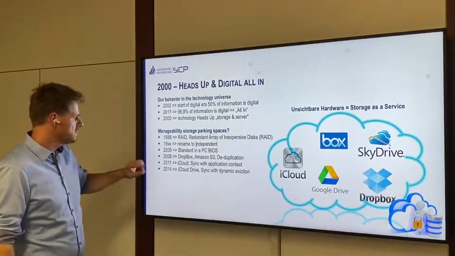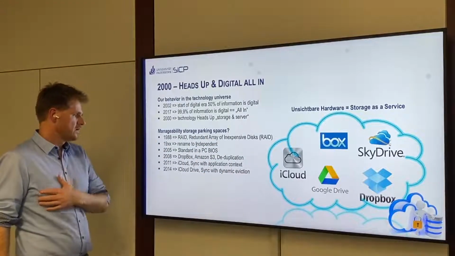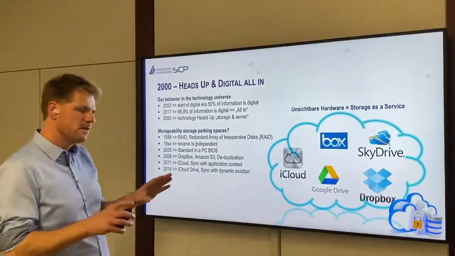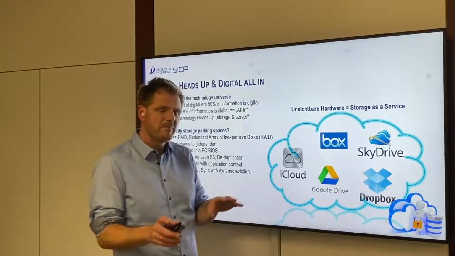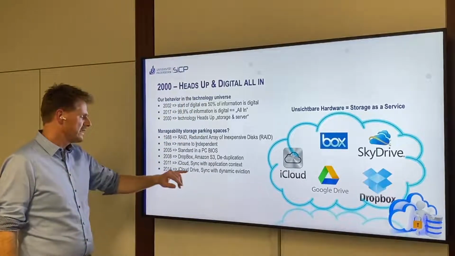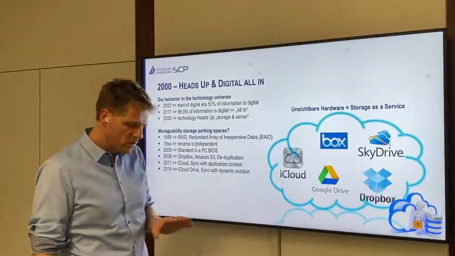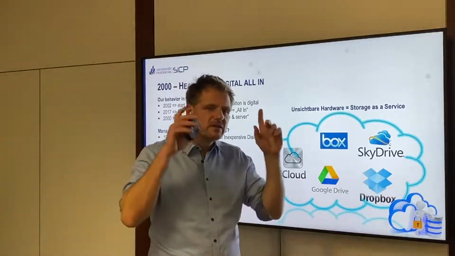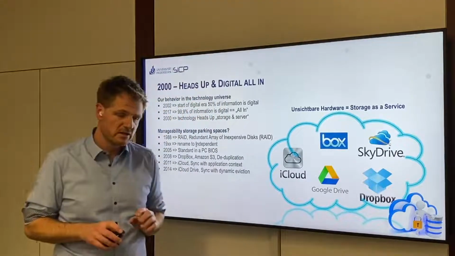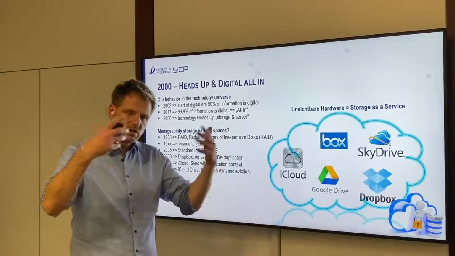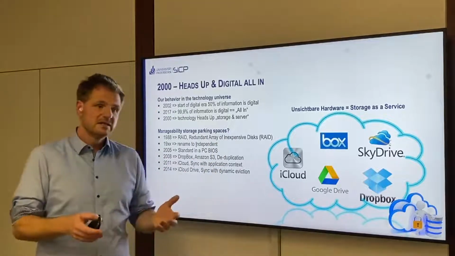And in 2011, iCloud also appeared in the market, but the synchronization was more in an application context. And later in 2014, iCloud Drive also made synchronization, but with, let's say, an intelligent eviction strategy, so that this redundancy in storage was reduced on the user's side.